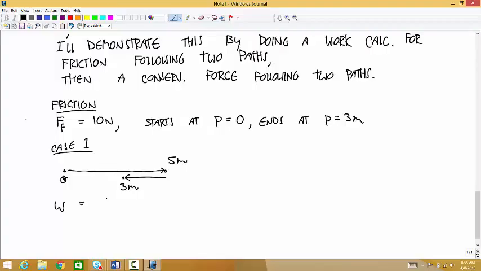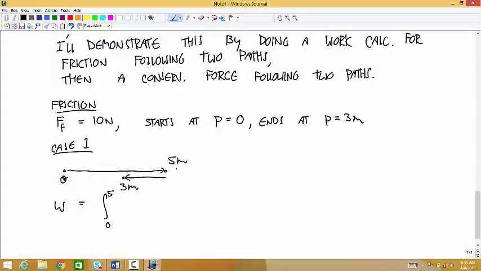So the work is equal to the integral from 0 to 5 of the part of the friction force that's parallel to the path. So it's a horizontal path. What's the part of the friction force parallel to that? The component that's parallel to that.